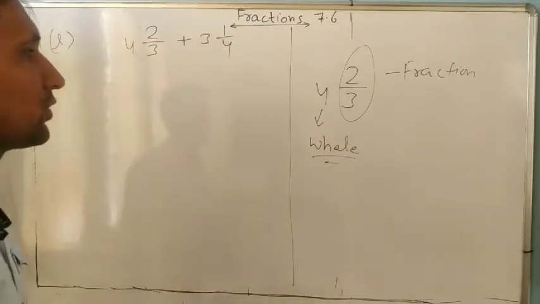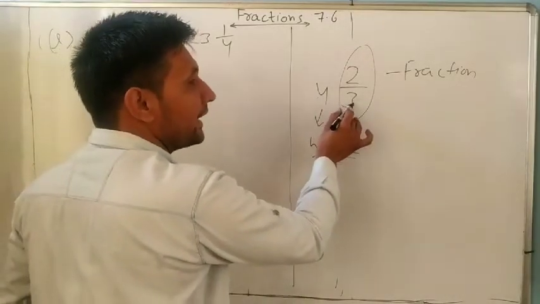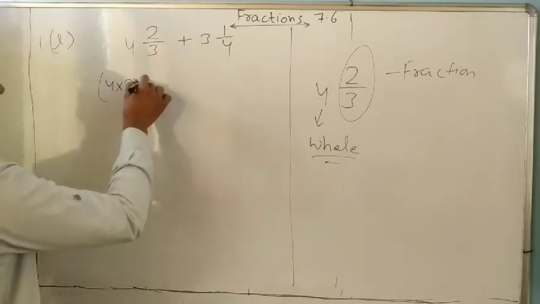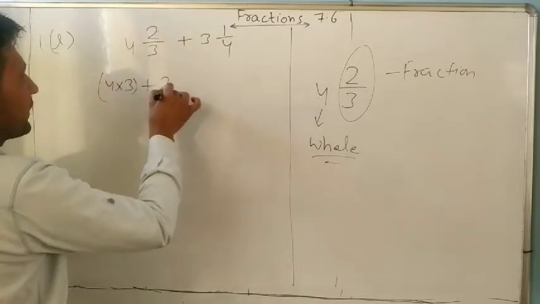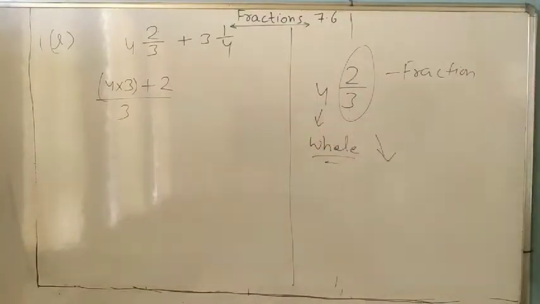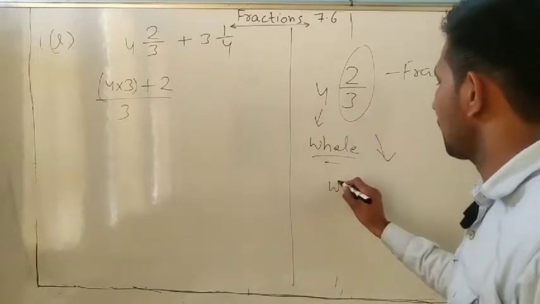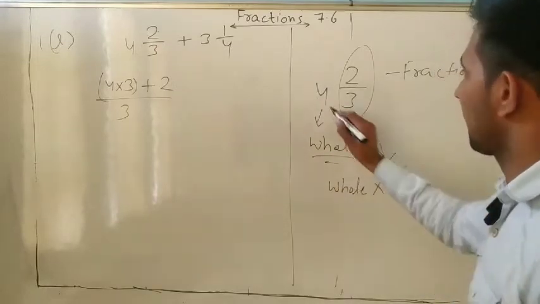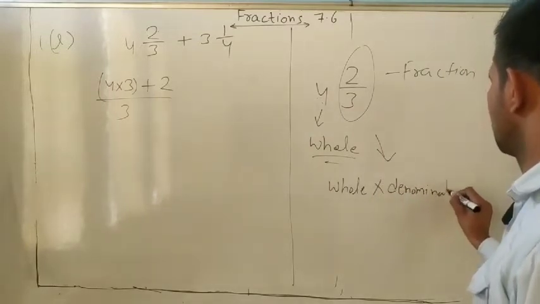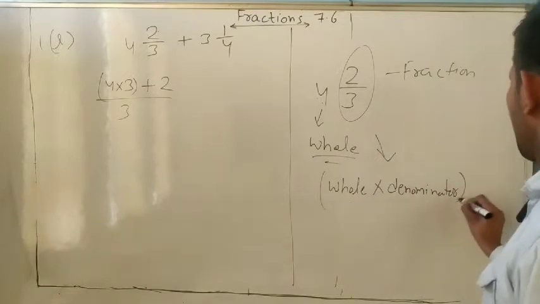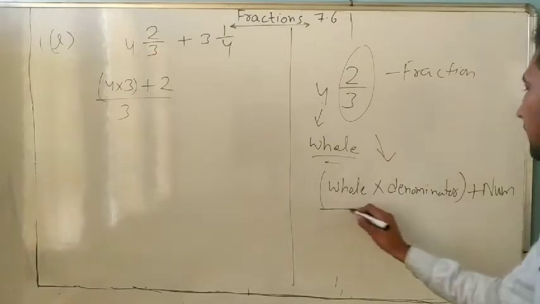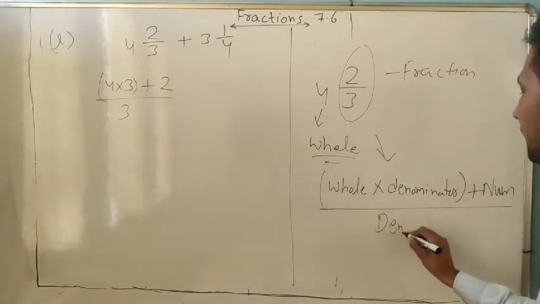And everyone knows how we solve: whole multiply denominator, plus numerator, divide by denominator. This is the formula we already know for a mixed fraction.